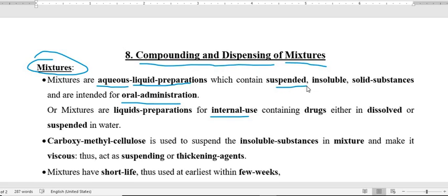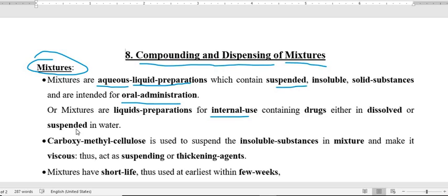So you have to sum up all these points that we already discussed and then define it, that the mixture is a pharmacy preparation, that is aqueous liquid preparation, in which the compounds are suspended or dissolved and that are used for oral administration or for internal use is called mixture.